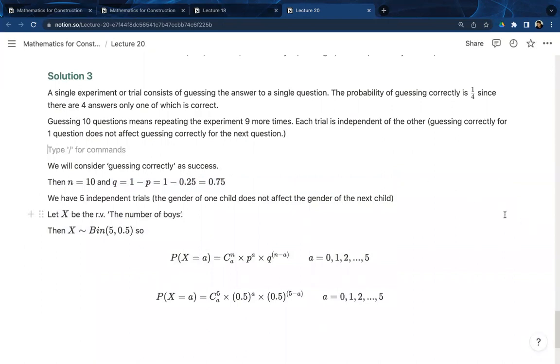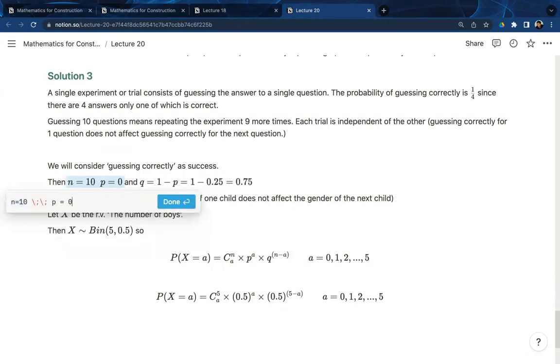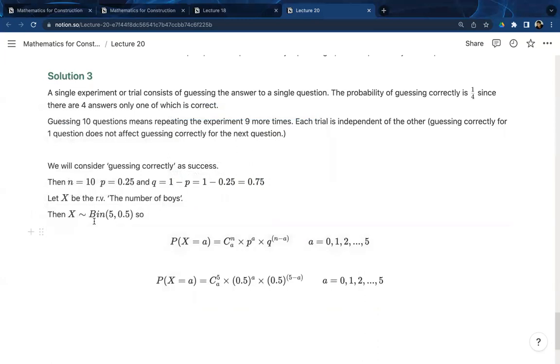So guessing correctly is a success, right? So for 10 independent trials, the probability of success in one trial is 0.25, that's a quarter. So X follows a binomial distribution with 10 trials and probability of success being a quarter, right?